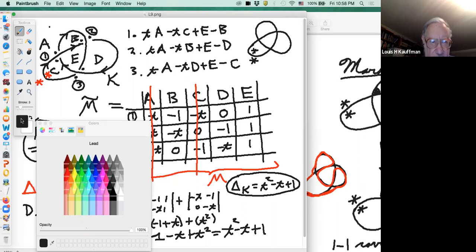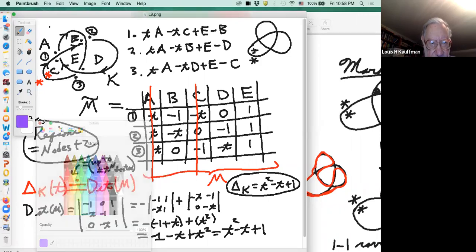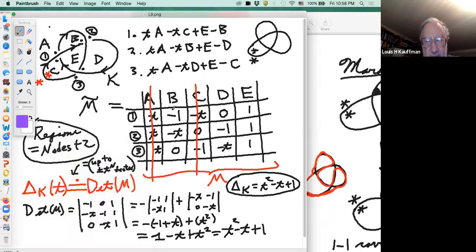Now let me take a term in the determinant. Let's use blue. Now a term in the determinant is a triple choice in the matrix. Like it could be this choice, which corresponds to this choice here, where every element occupies one row and one column individually, right?